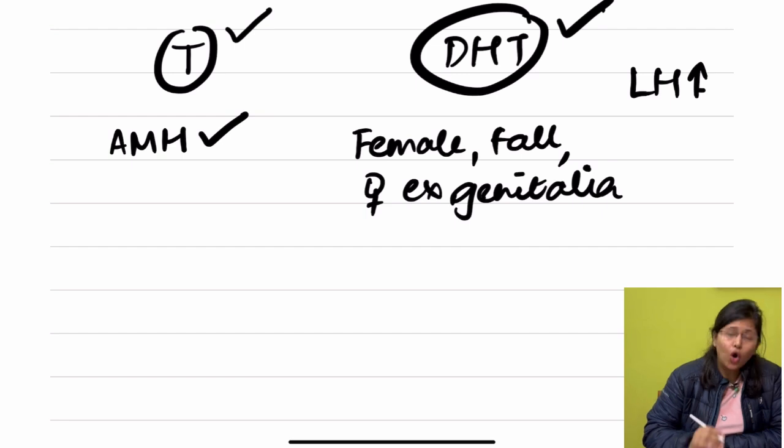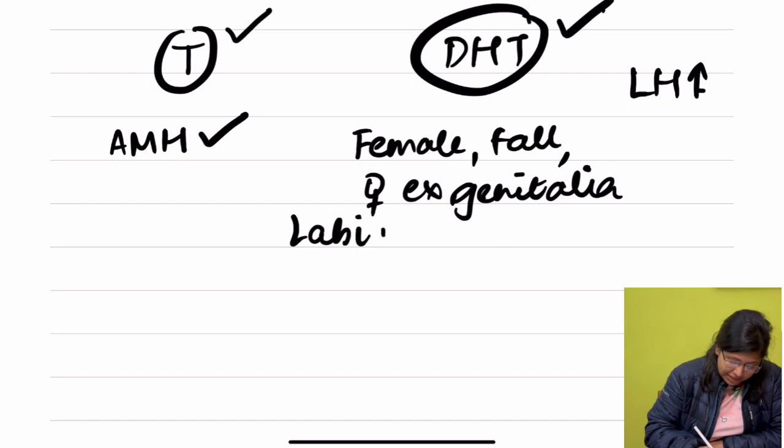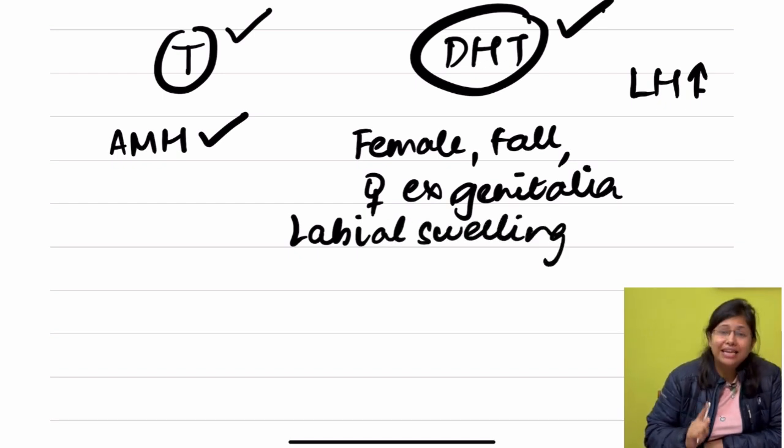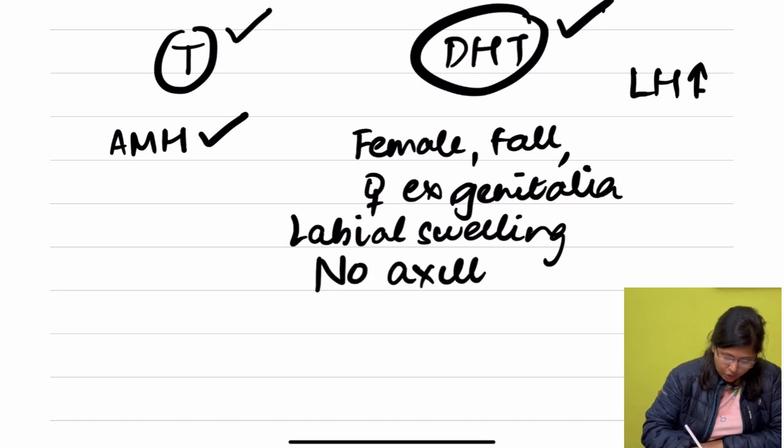And they will not have male internal genitalia because, again, the testosterone is not able to act. They will also not have any Mullerian duct features. So typically, they will just have testes. They will just present with a labial swelling. And because they don't have DHT, which is responsible for virilization, they will also not have axillary or pubic hair.